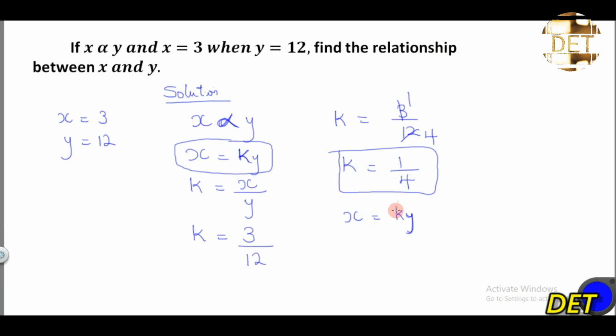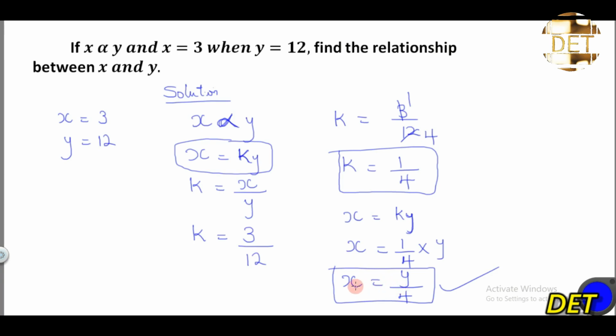So if I put the value of K here as 1 all over 4, my equation will now be X is equal to 1 all over 4 times Y. So 1 times Y will give us Y, and my X will be equal to Y all over 4. This is the relationship between X and Y in this question, and this is the answer.